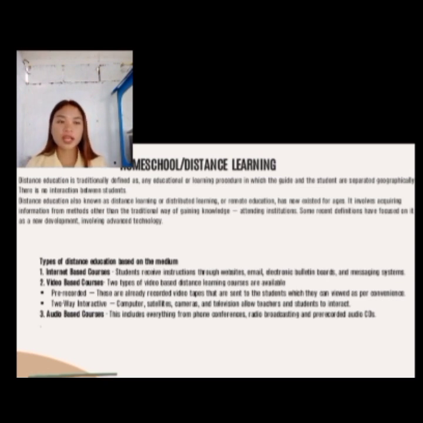The teachers would inform them in their GC that today or tomorrow we'll have radio broadcasting, and you can take note of the answers in your module.